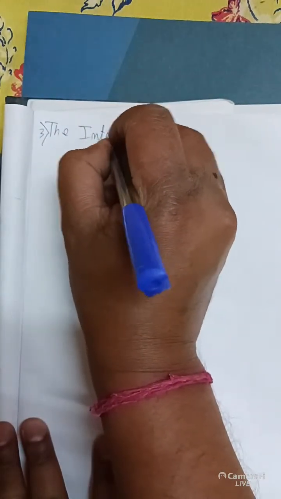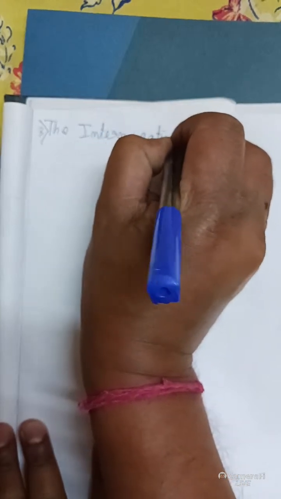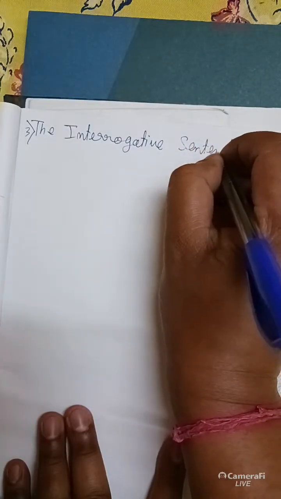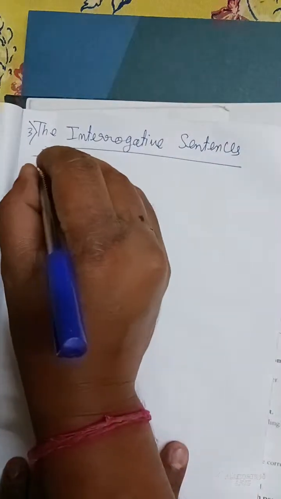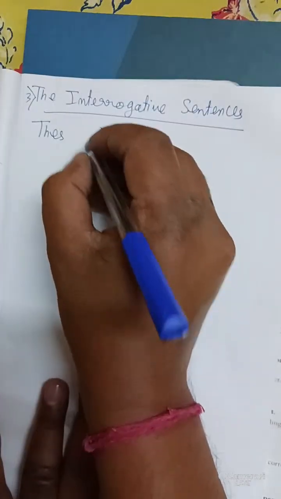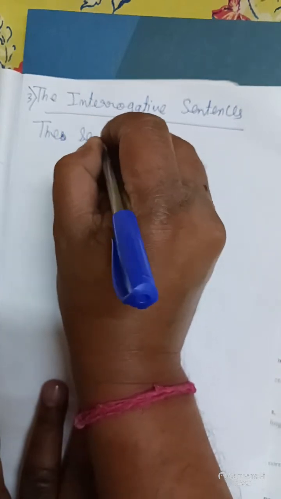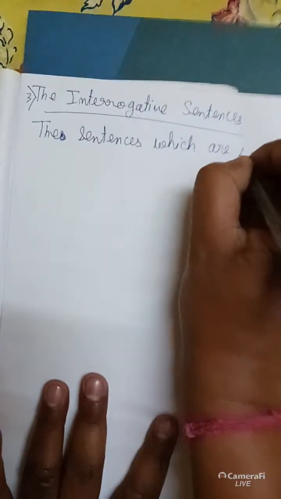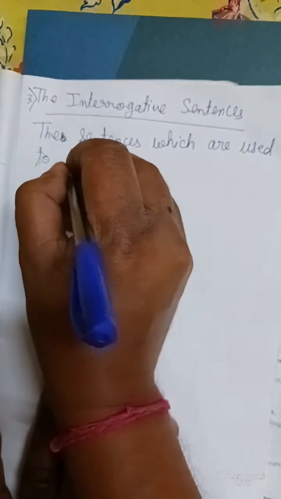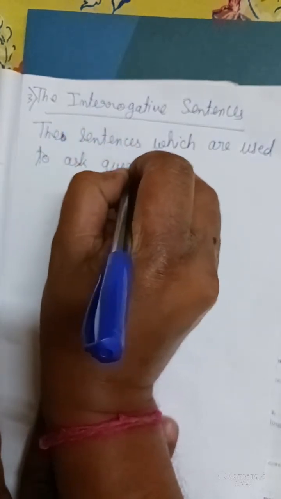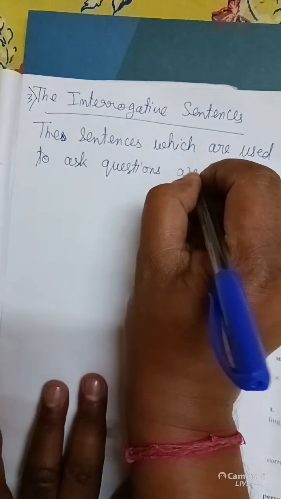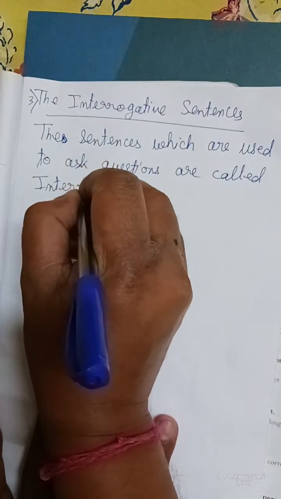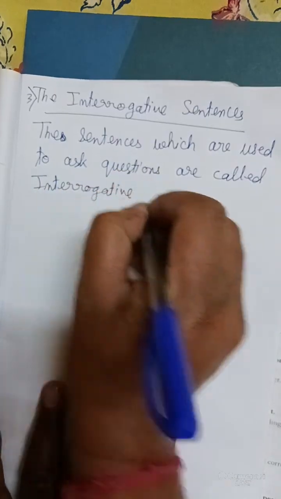Interrogative sentence. Interrogation means to ask questions. The sentences which are used to ask questions are called interrogative sentences.